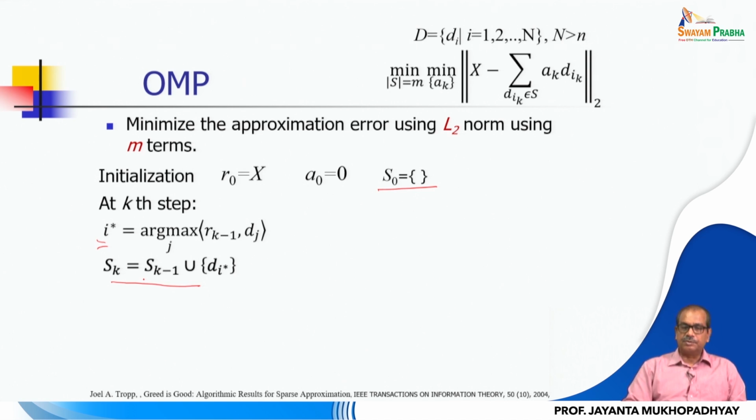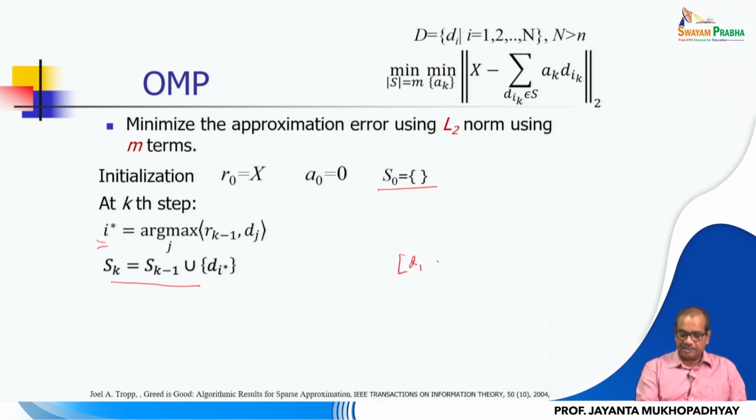So now, to get the best approximation of x, you once again apply the least square error method. What is the best approximation? As we know already, the least square error method can give you the best approximation by using the pseudo inverse technique, which means suppose Sk contains k number of atoms.